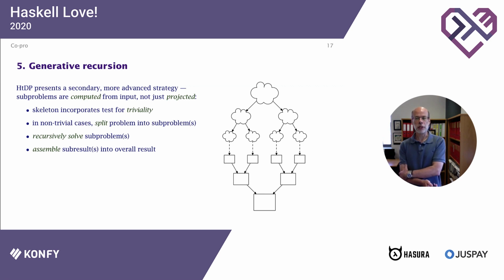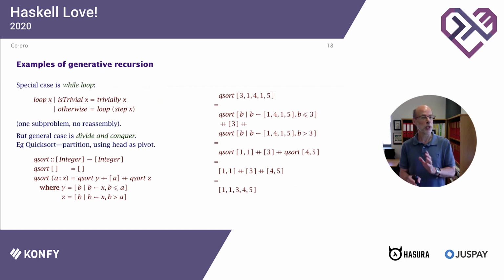So obviously, this is a divide and conquer kind of picture that I've drawn. Generative recursion is most interesting when it's divide and conquer, but that's not the only instance. While loops are a special case where when you split a problem, you only produce one subproblem. But moreover, once you've solved the subproblem, there's nothing more to do to solve the problem. If there were something more, you'd need a stack in order to store all the things you had to do, and you couldn't implement it as a loop anymore. It would have to be a recursion, or somehow you'd have to implement the stack yourself.